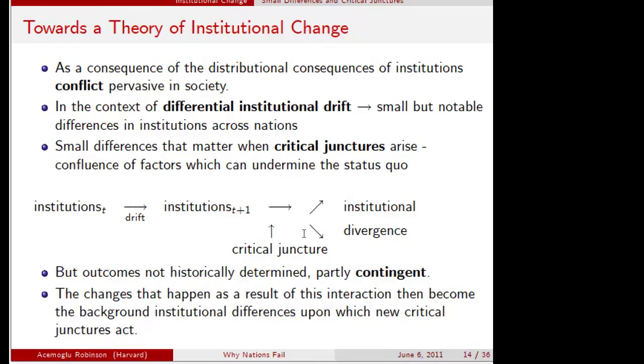So, at a critical juncture, the normal rules of the game are disrupted. The existing power structure is under stress, and at that moment, the small differences that have accumulated during the drift period suddenly become decisive. A country that drifted towards slightly stronger property rights might respond to the crisis by building more inclusive institutions.